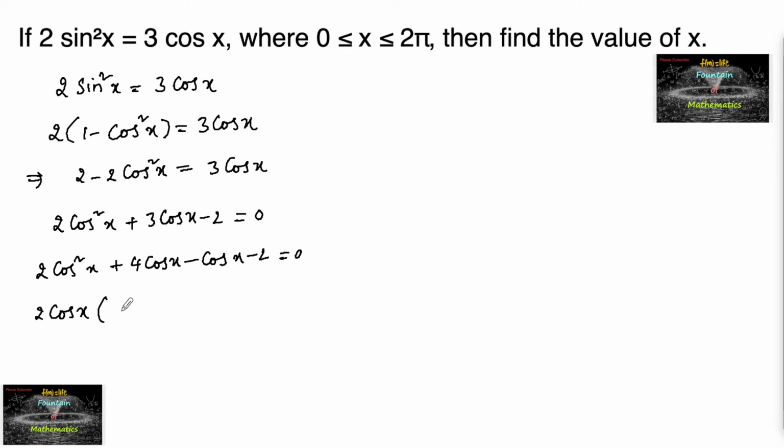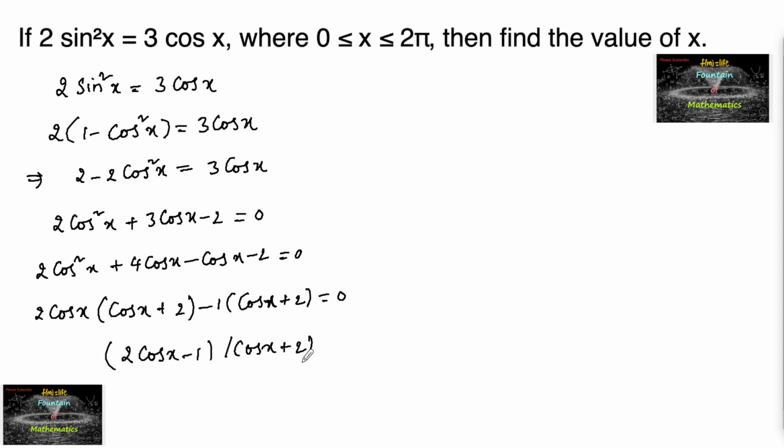So we'll have 2 cos x plus 2, so minus 1 of cos x plus 2 equals to 0. So we have 2 cos x minus 1 into cos x plus 2 is equal to 0.